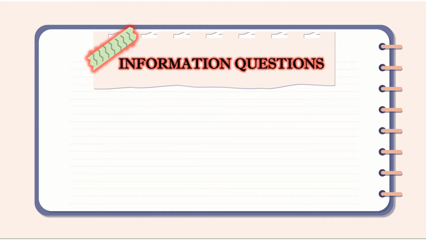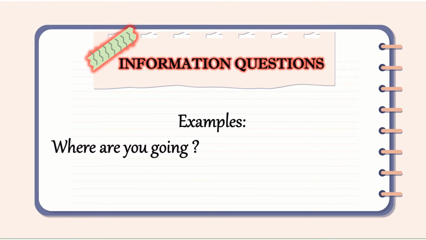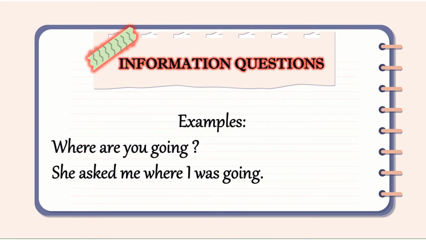So, information questions. Example: Where are you going? So here you're using a WH word, and in this case the auxiliary verb is are, right? So, where are you going? If you want to say it in reported speech, she asked me where I was going.